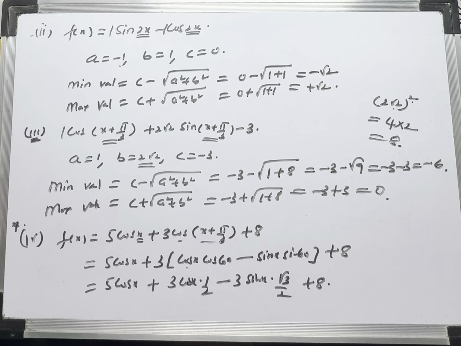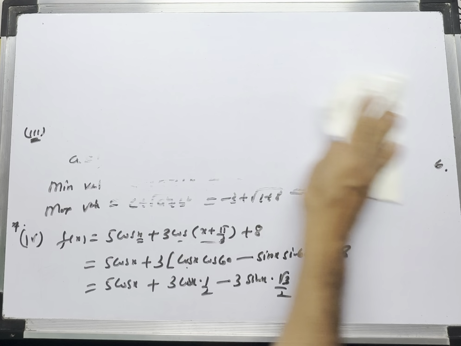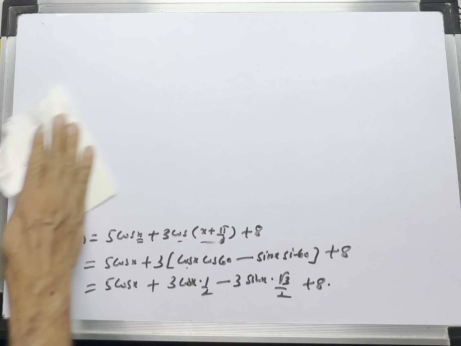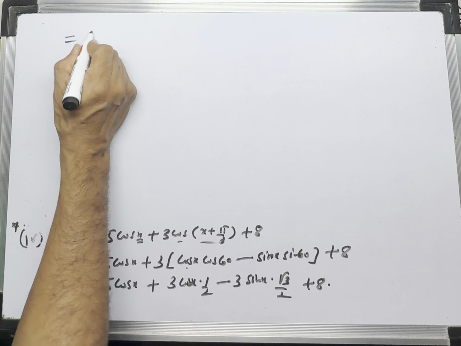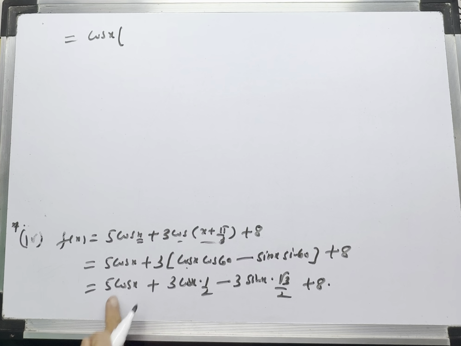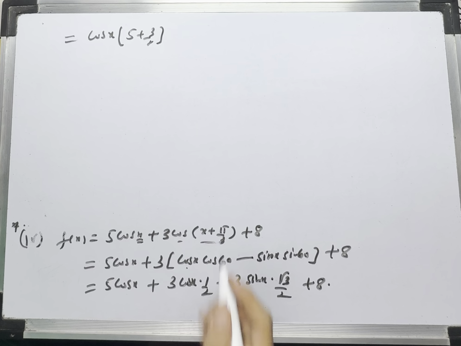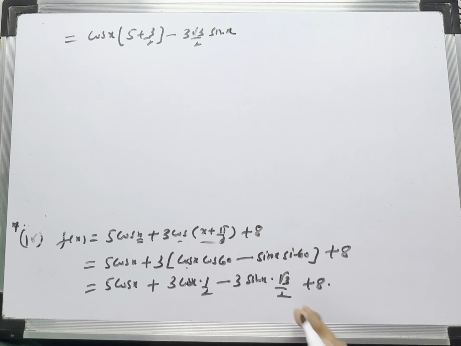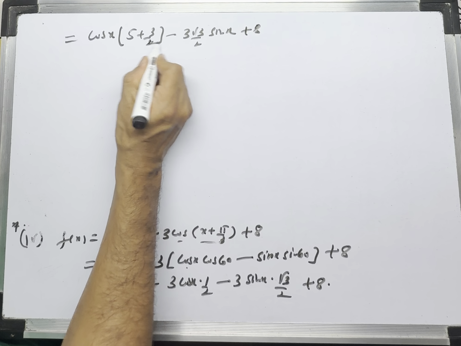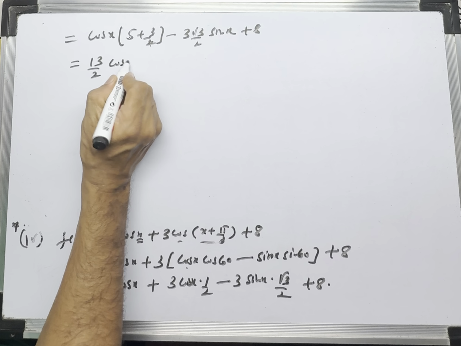Now we have cos x common, 5 plus 3 by 2, minus 3 root 3 by 2 sin x plus 8. 5 plus 3 by 2 is how much? 2 fives are 10 plus 3, 13. 13 by 2 cos x we will write.